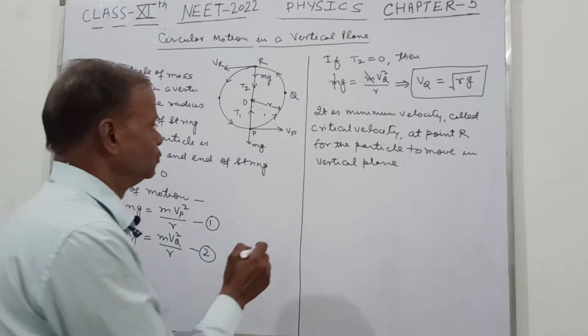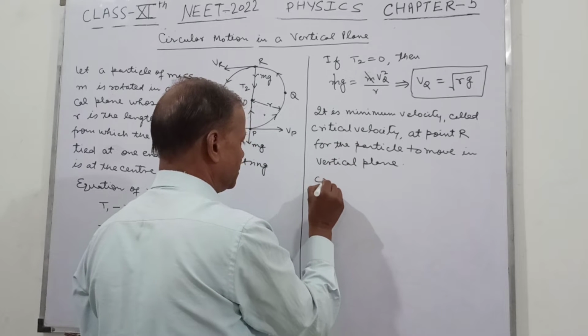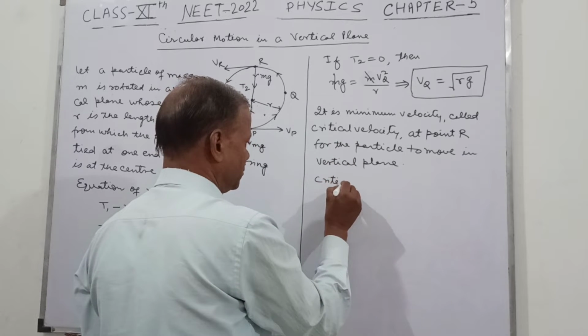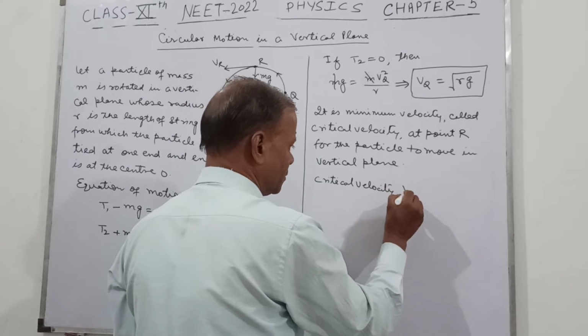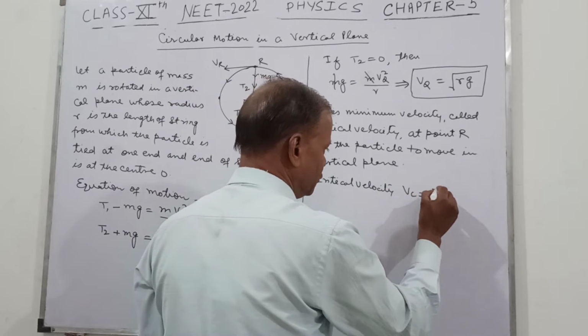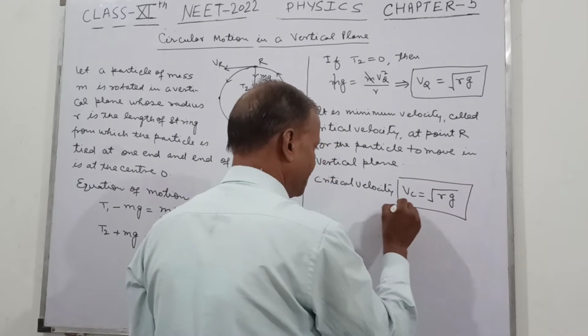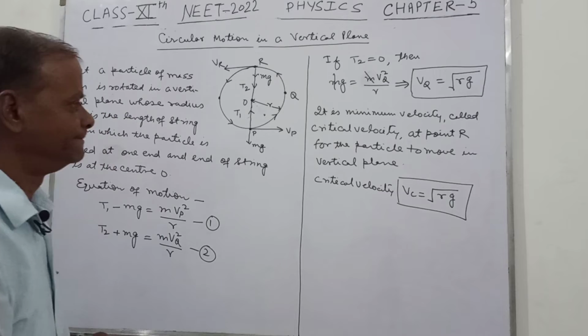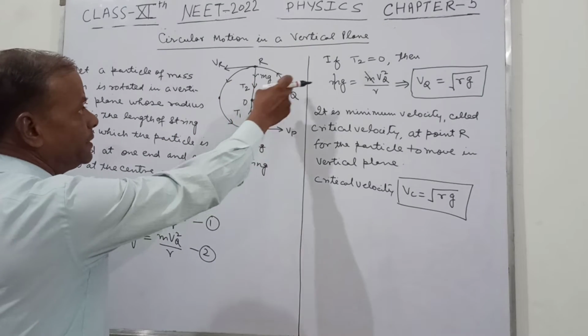So VC, critical velocity VC, equal to square root of rg. This is so much. Now the tension in the string at this point we have taken to be 0.